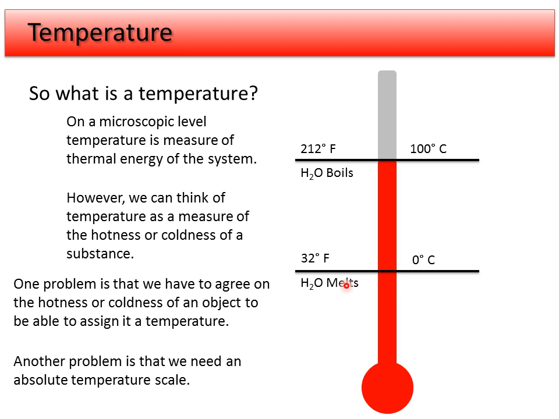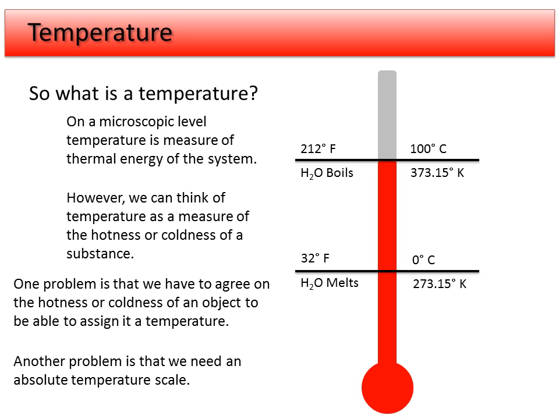Instead of using where water melts as 0, we're going to choose the lowest possible temperature that can ever be achieved. And actually, because of how thermodynamics works, we have never been able to actually get to this point. But we're saying, if this thing were to be at its absolute lowest temperature that can ever be achieved, we call that 0. We call that absolute 0.